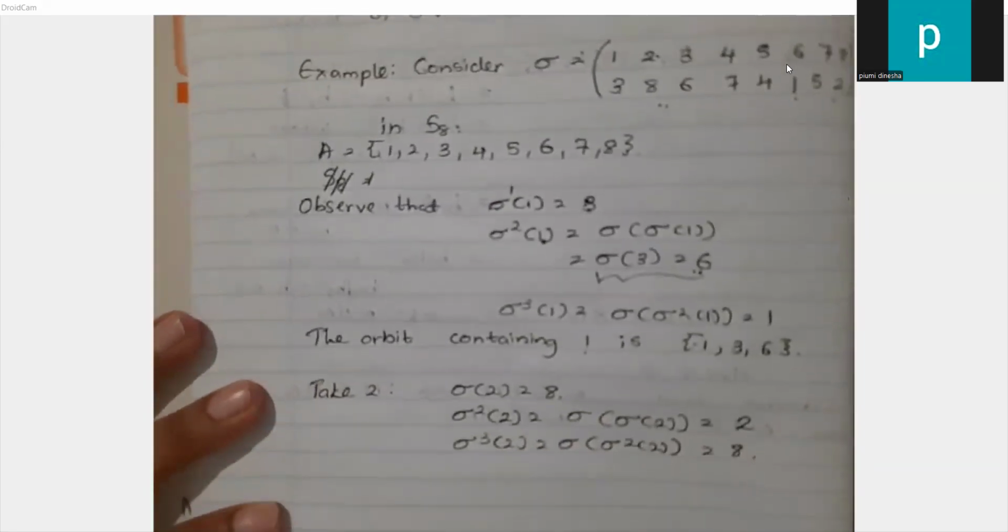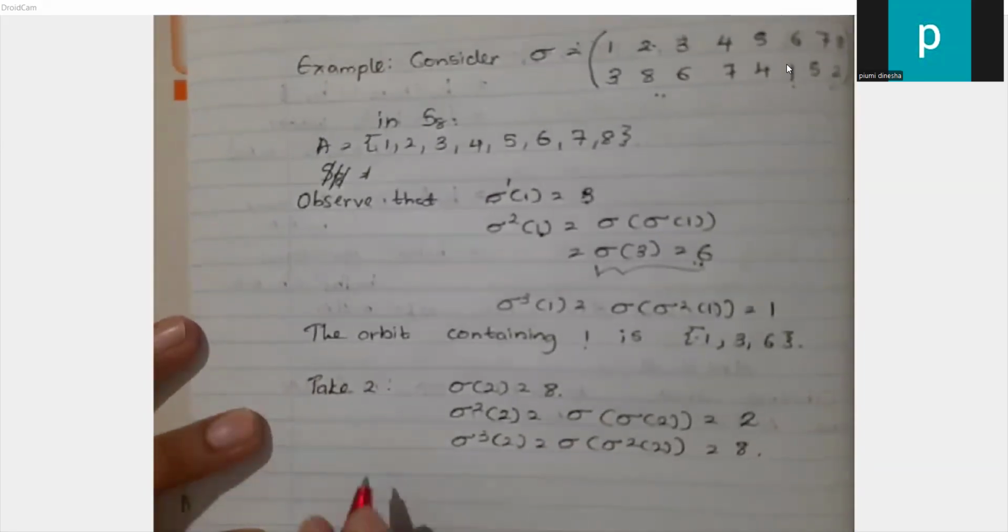Once again, powers of sigma, if you take powers of sigma of 2, we will alternate between the values 2 and 8, 2 and 8. This will equal simply sigma of sigma squared of 2. Sigma squared of 2 is simply 2. 2 will be sent back to 8 through sigma. So the orbit containing 2 or 8, you may say, would be the set containing simply 2 and 8.